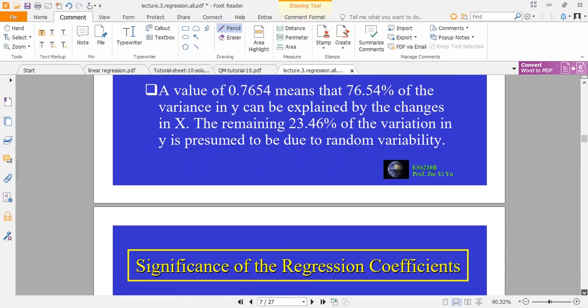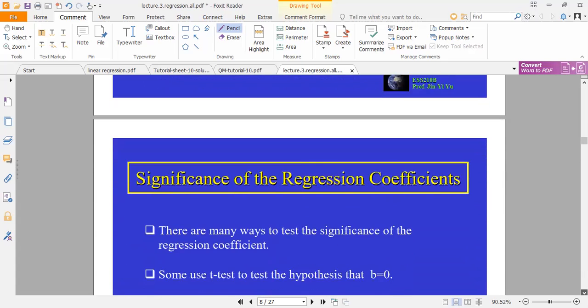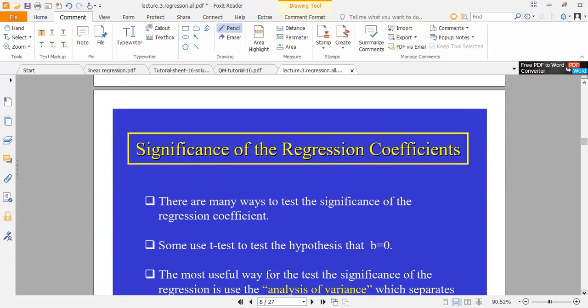Now, we also have another R value, which is called the coefficient of correlation. That one just gives us a picture of whether we have a positive relationship or a negative relationship.